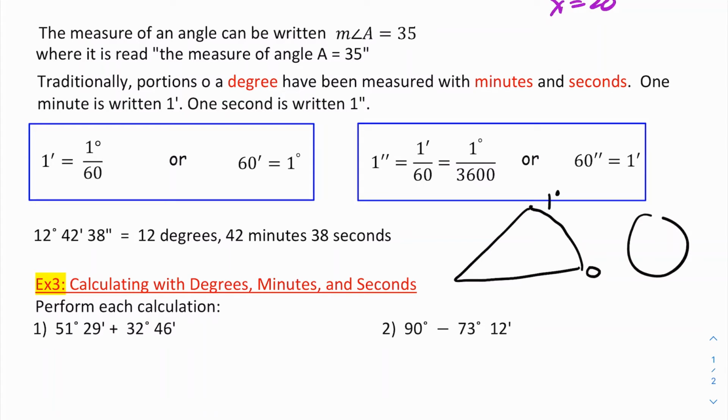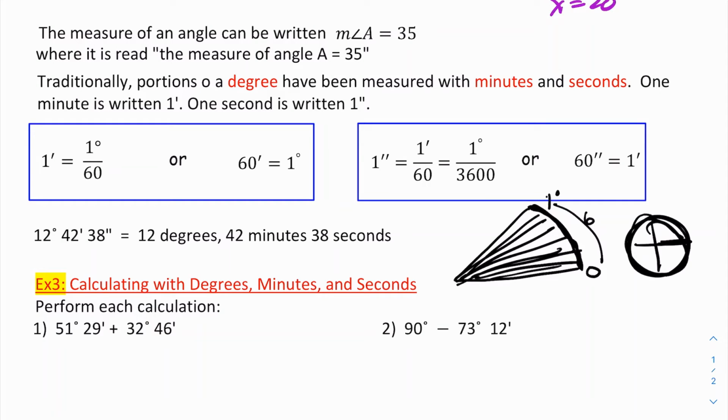Normally 1 degree is obviously tiny, right? Since there's 360 all the way around. But if you wanted to cut that down into smaller portions than 1 degree, they cut that down into something called minutes. From here to here, there are 60 minutes between 0 and 1 degree.